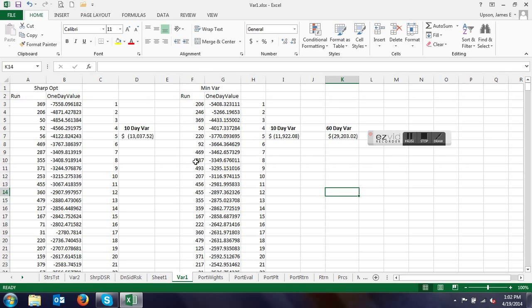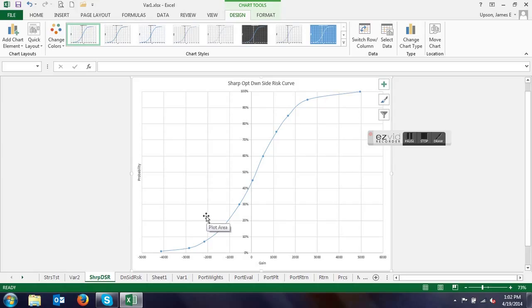Okay. So the next thing that we want to do is create a downside risk curve. So here's a plot of a downside risk curve. The probability is here on the Y, and our potential losses are here on the X. And you can interpret this a couple of different ways. It's a cumulative probability.